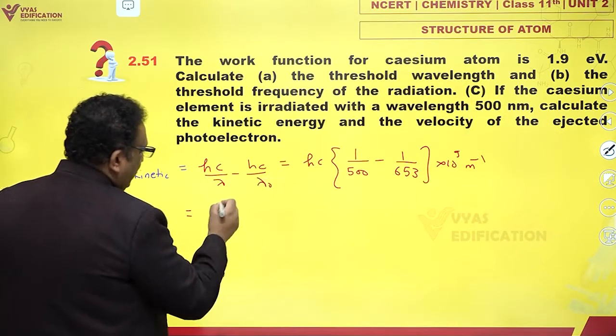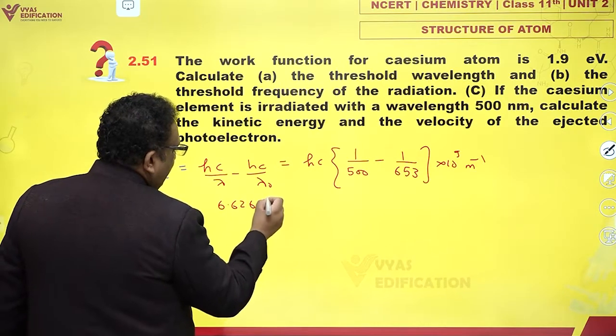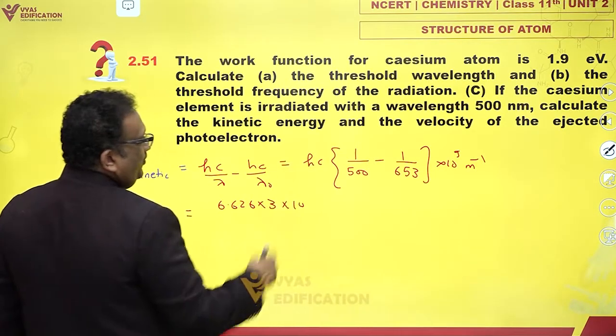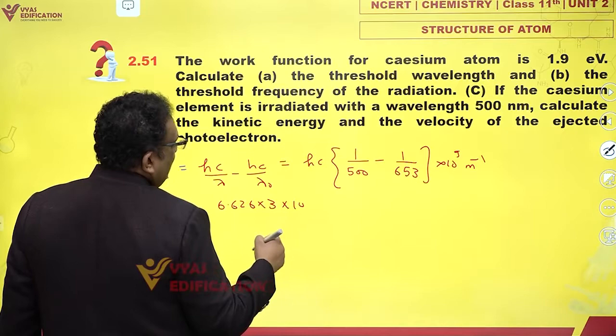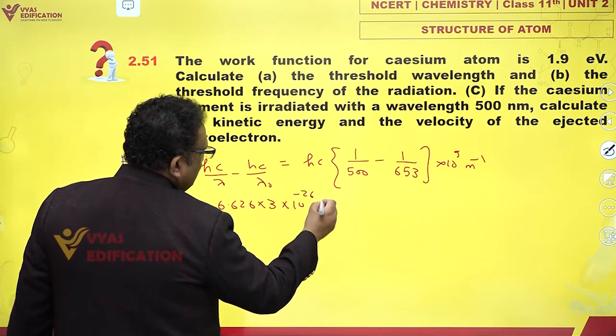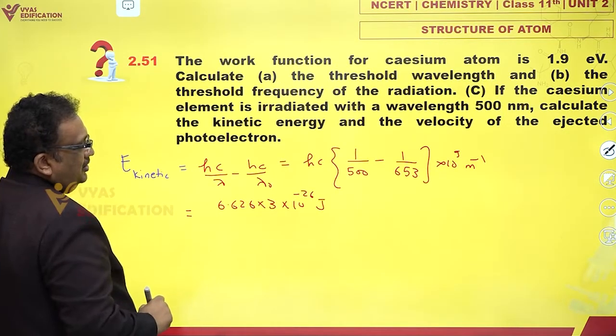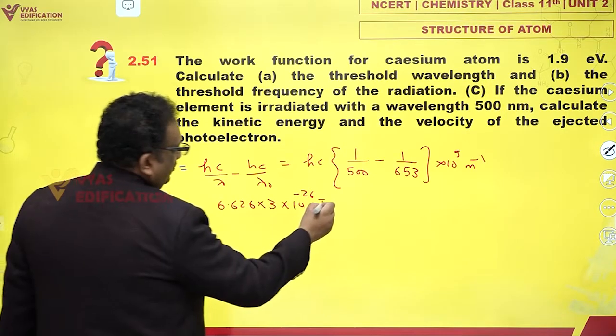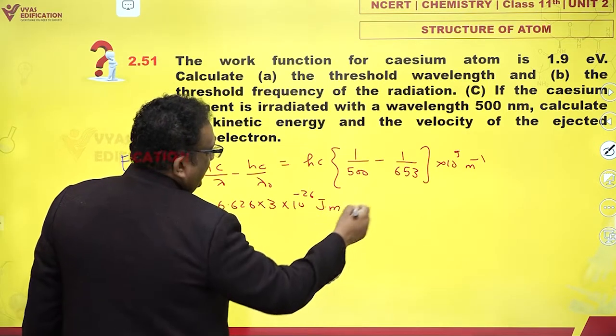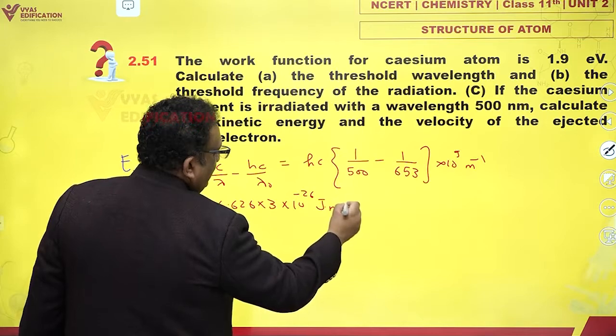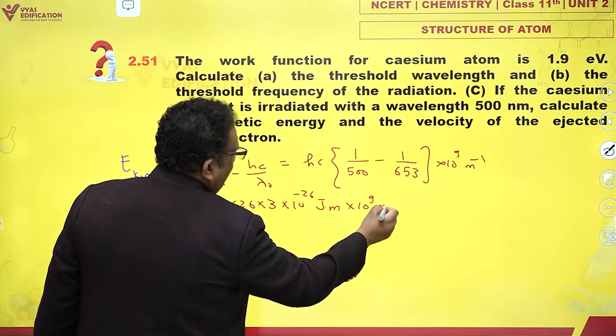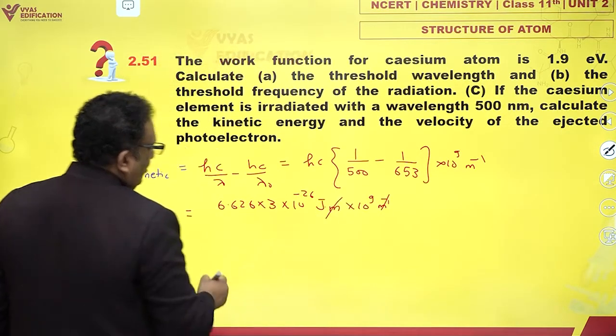So this is accurately 6.626 into 3 into 10 to the minus 34 plus 8. 34 plus 8 makes it minus 26 joule second, joule into meter, and per meter will cancel away with that, into 10 to the 9 per meter, of course, goes off.